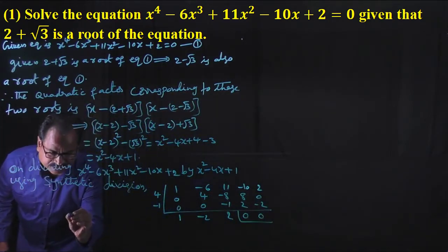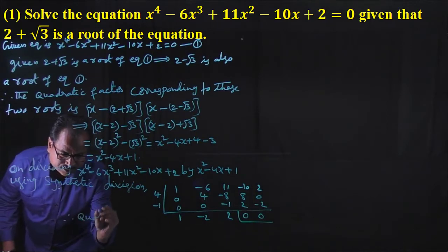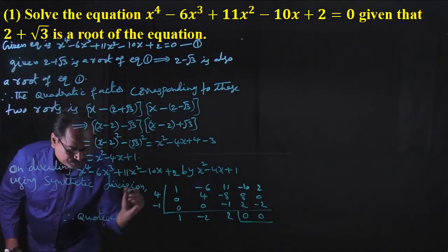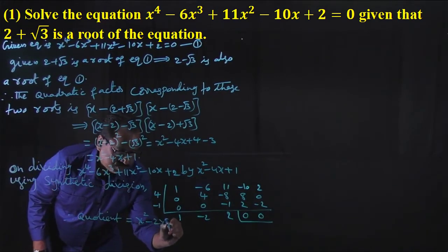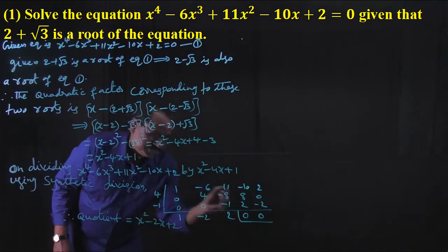Therefore, quotient is equal to x square minus 2x plus 2.